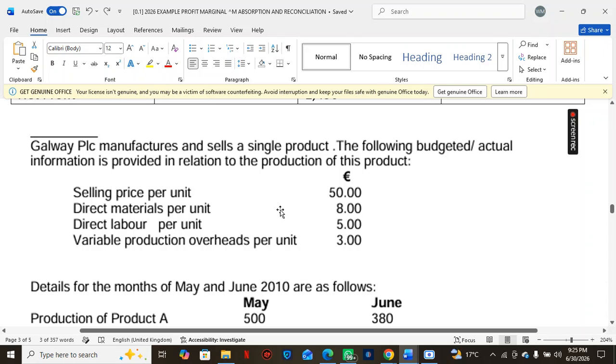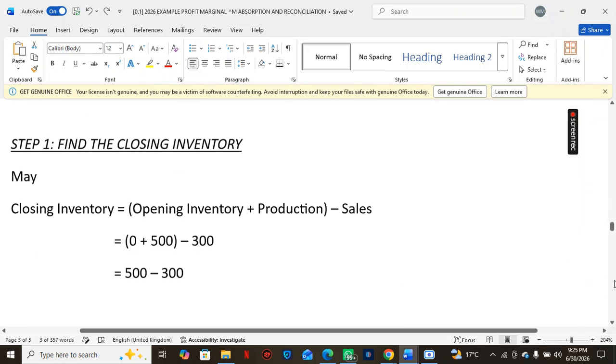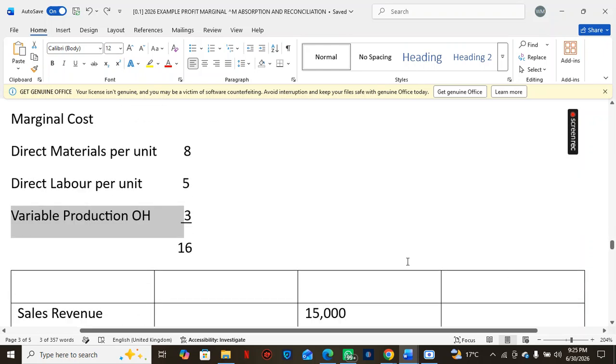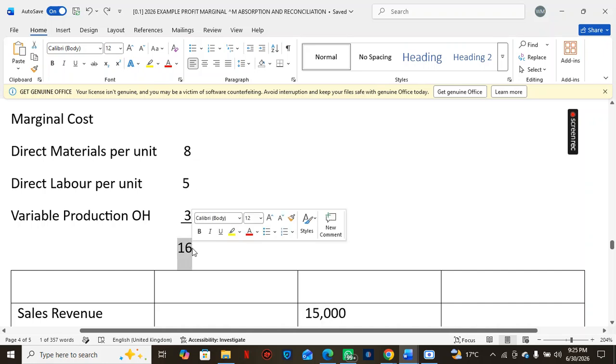Here, colleagues. These numbers are these ones here. So you're going to say 8 plus 5 plus 3. That will give you 16 euros. So this is what we're going to use to value our inventory.